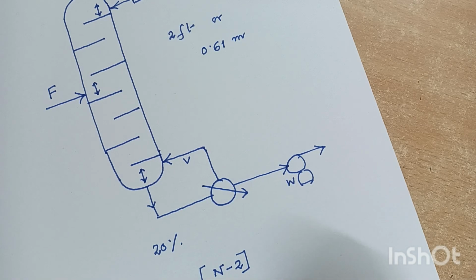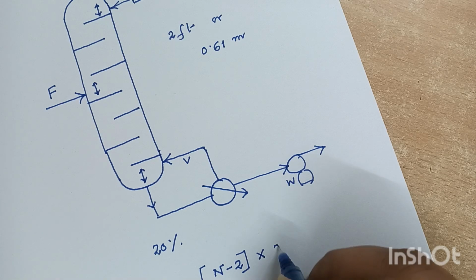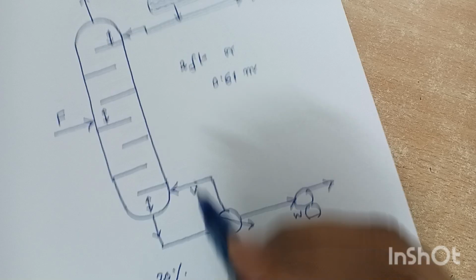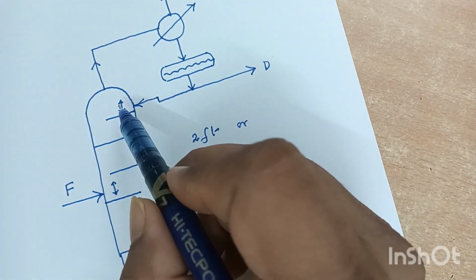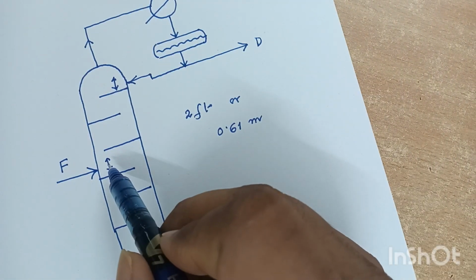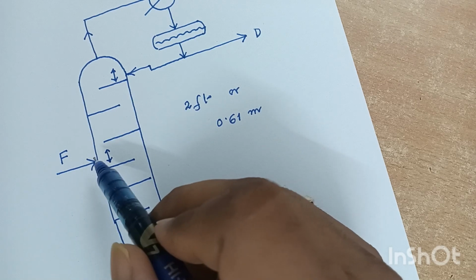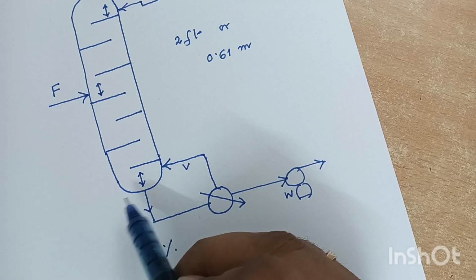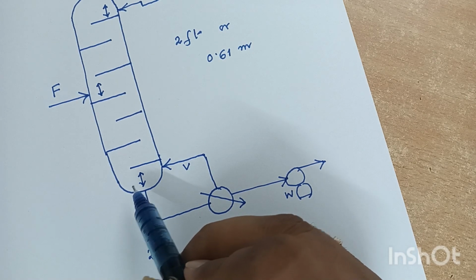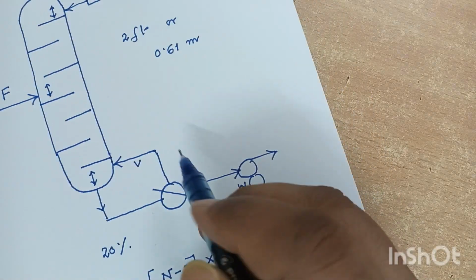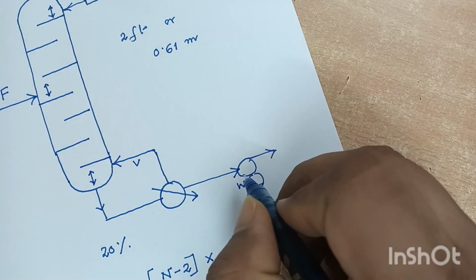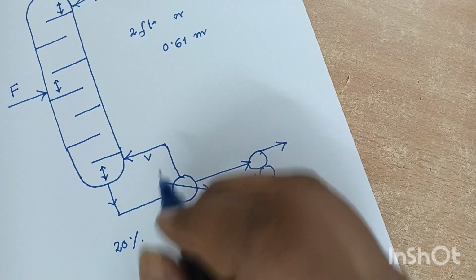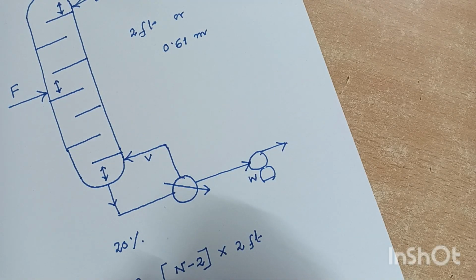The spacing between the trays is roughly 2 feet, and because of the additional spacing required at the top of the tower for the piping arrangement, around the feed plate so that feed can be nicely introduced inside the column, and also at the bottom of the tower for additional surge capacity and providing the required NPSH, the net positive suction head, for the pump at the bottom of the tower, 20% is prescribed, so it should be multiplied by 1.2.